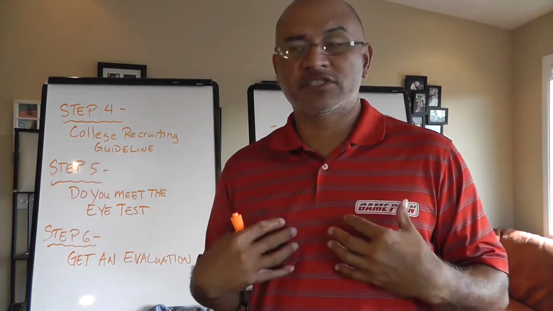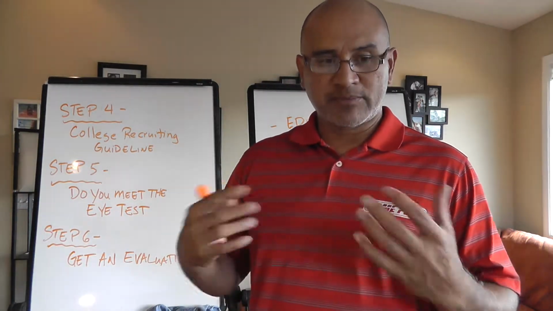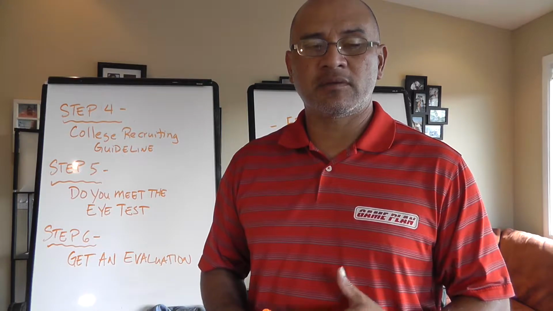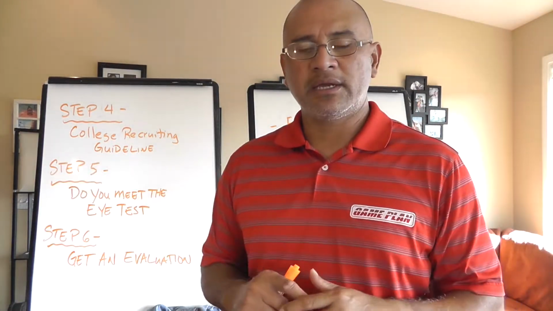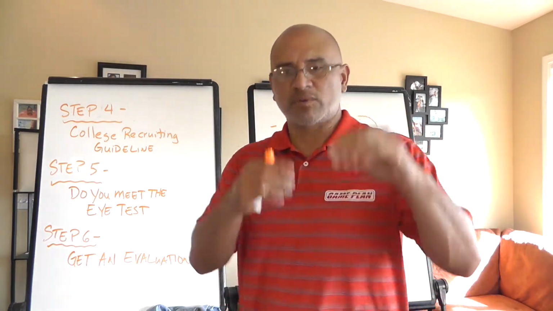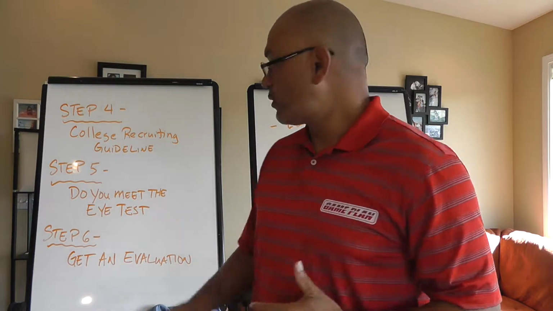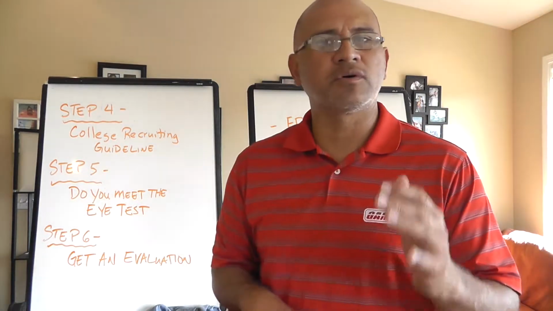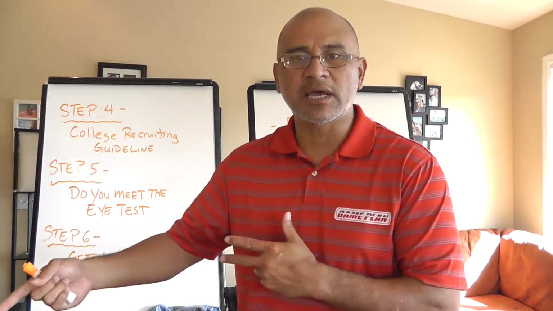My definition of the eye test is this: the top 25 teams in the nation, whatever the division, 1, 2, 3, NAIA, most top 25 teams within those divisions take this a step further in step 5. They measure not only the physical part, they measure the academic. Do you meet the eye test academically?